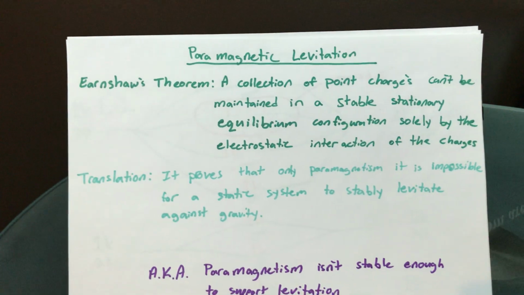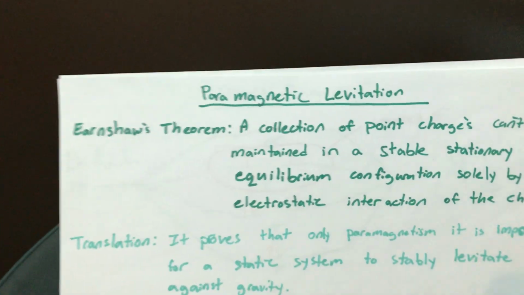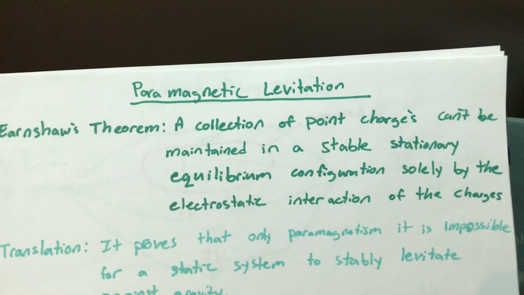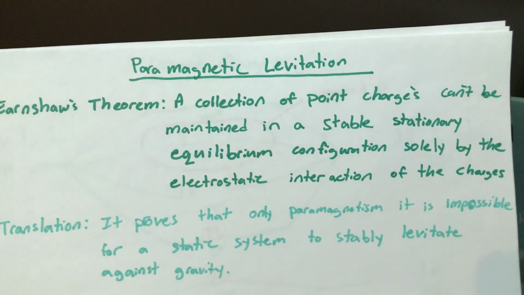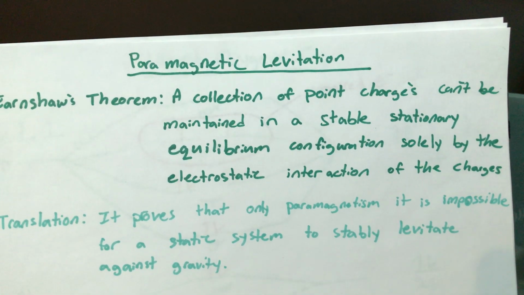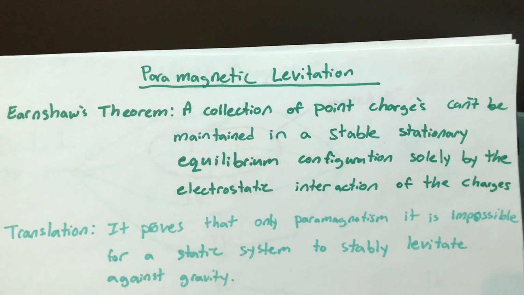Alright, now for paramagnetic levitation. We have Earnshaw's Theorem, which says a collection of point charges can't be maintained in a stable stationary equilibrium configuration solely by the electrostatic interaction of the charges.